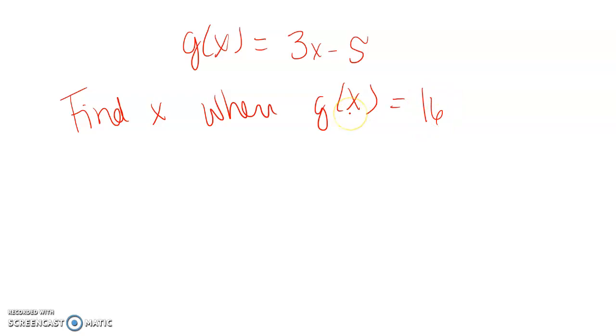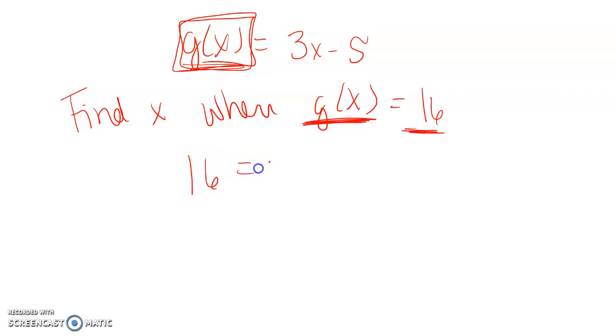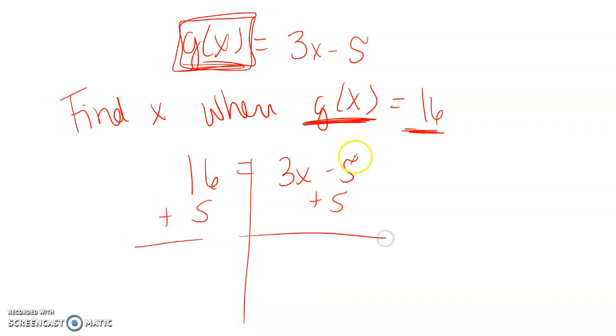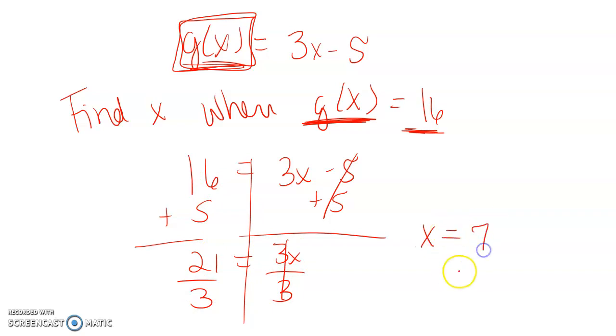There's nothing inside the parentheses. What it says is g of x equals, or is, 16. So g of x right here gets replaced with 16. So I'm going to say 16 equals 3x minus 5. Solve. Add 5, add 5. 3x equals 16 and 5 is 21. Divide by 3, and x equals 7.